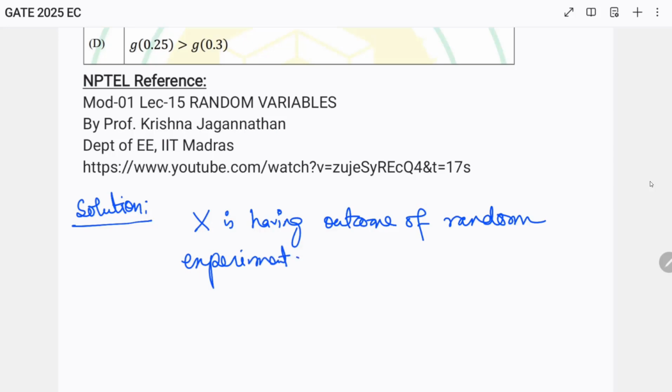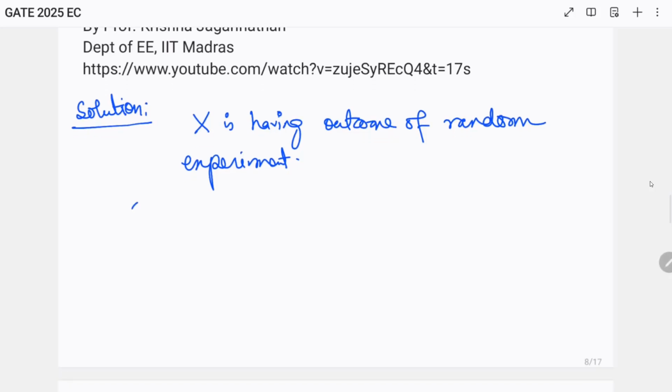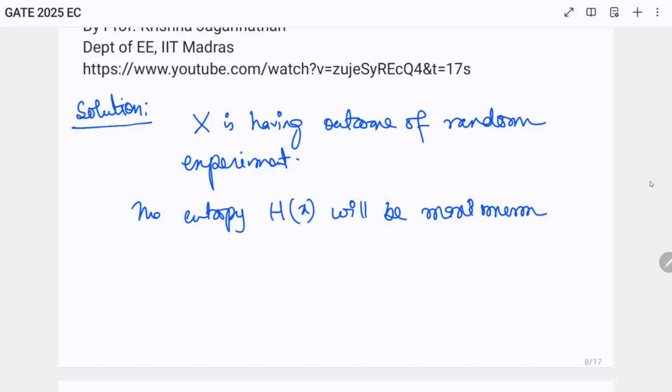So the entropy H of x will be maximum when the event occurs with equal probability.